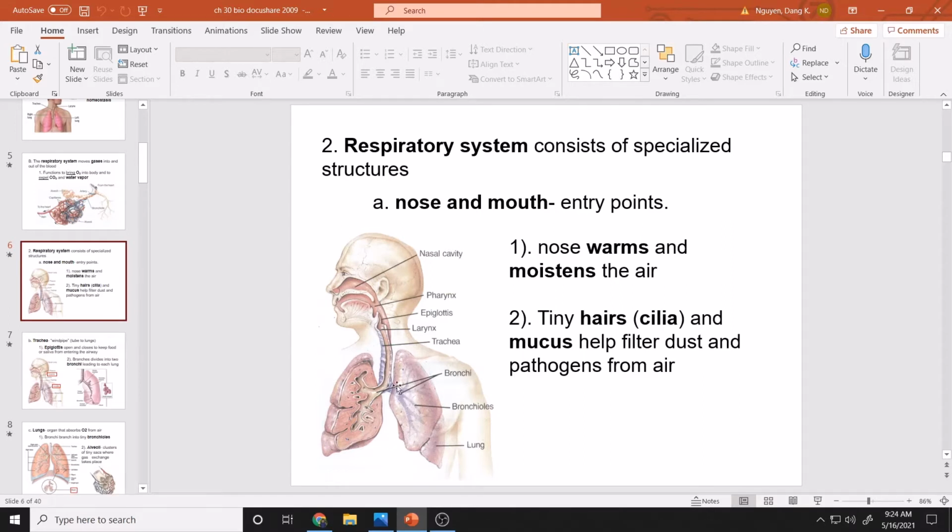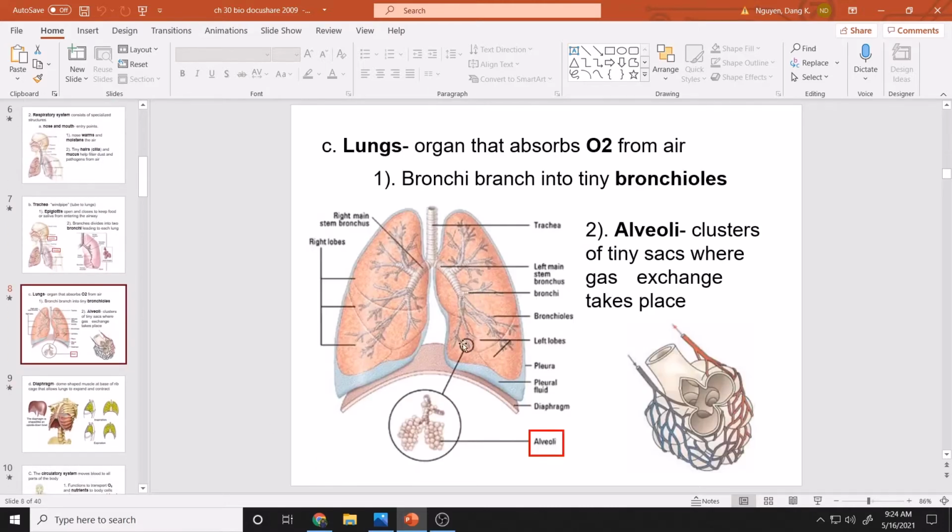You have your left bronchi, which goes over here, and then your right bronchi on this side. Those are your big tree branches, and then you have bronchioles, which are smaller tree branches. And if you were to zoom in, you would see that you have alveoli, which look like fruit on the ends of your trees.